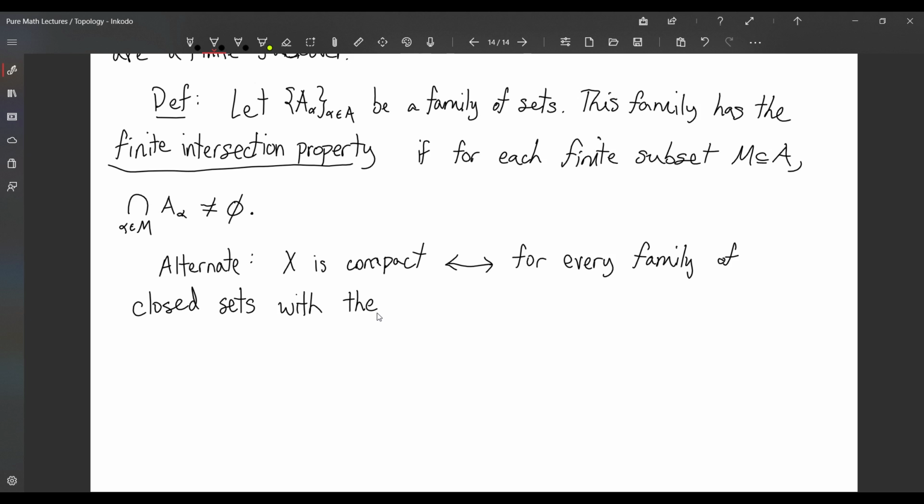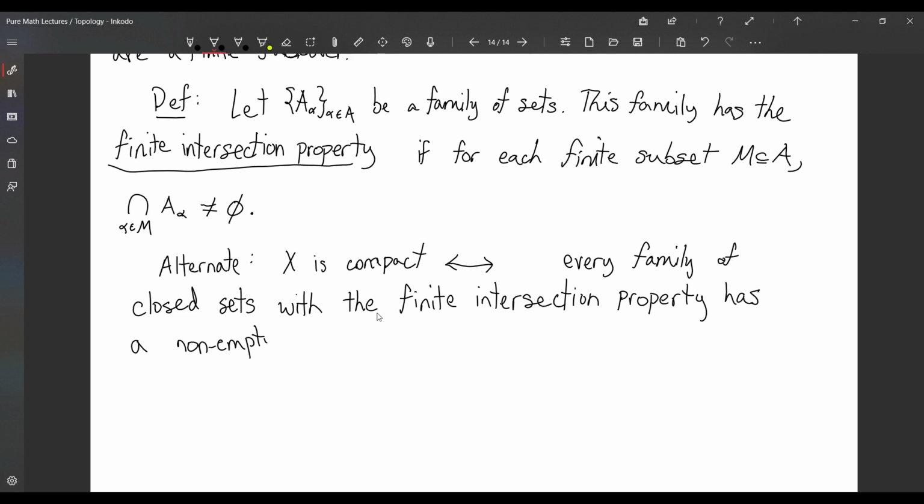X is compact if and only if every family of closed sets with the finite intersection property has a non-empty intersection, right? So notice that the finite intersection property does not guarantee this, right?